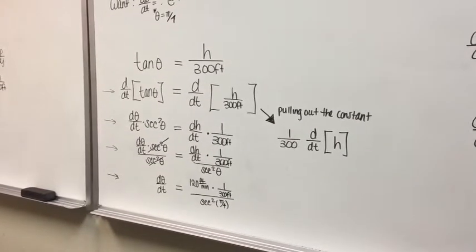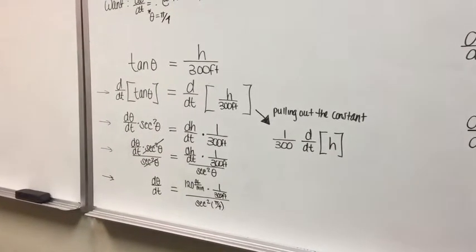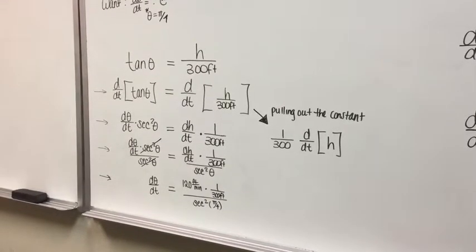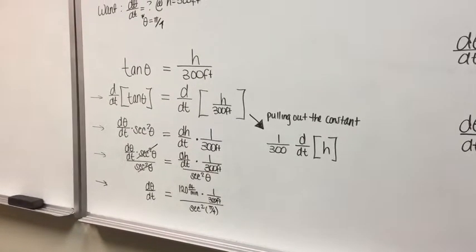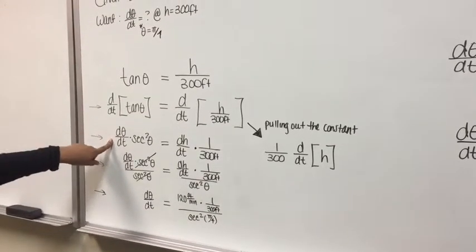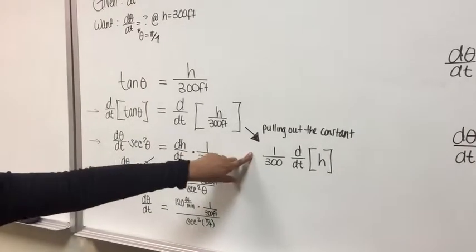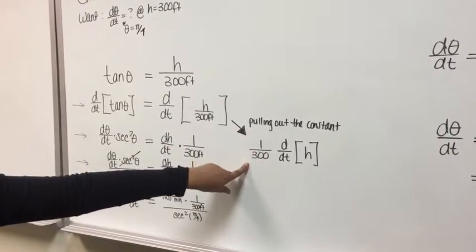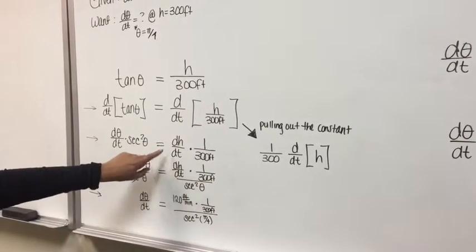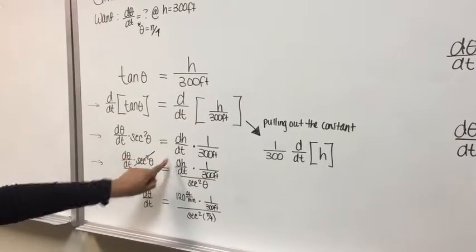In order to solve for d theta over dt, we must take the derivative of both sides. On the left side, we take the derivative of theta with respect to t, and we end up with d theta over dt. On the right side, we pull out the constant 1 over 300, and we take the derivative of the variable h with respect to t, and we end up with dh over dt.